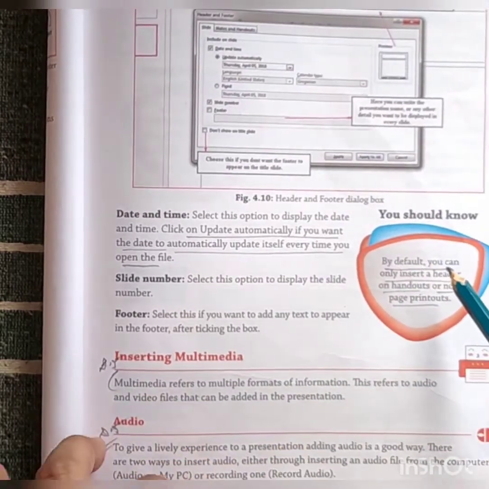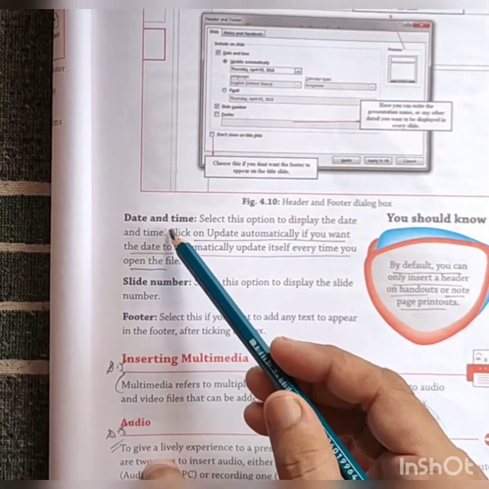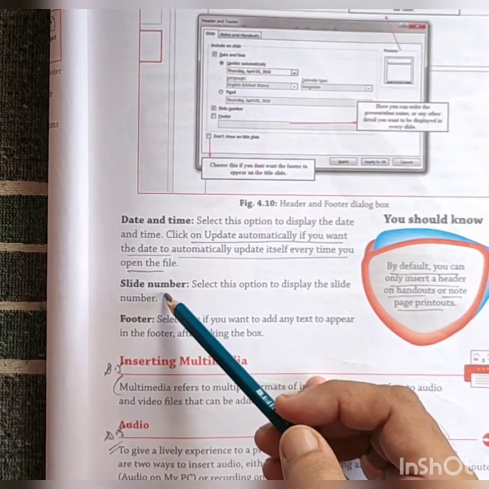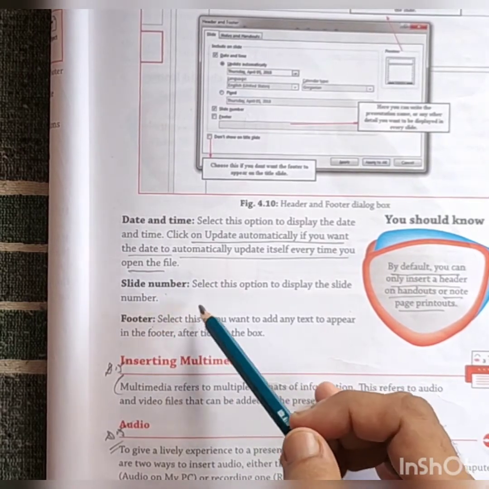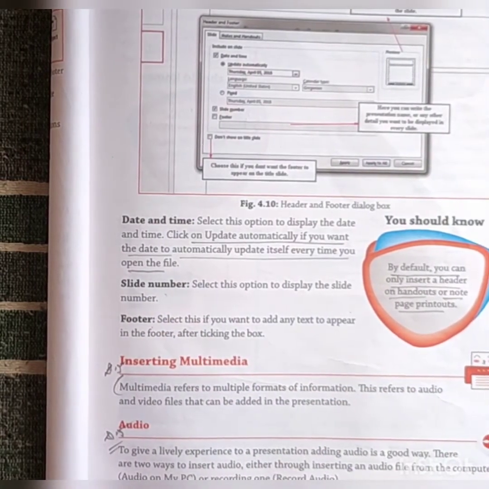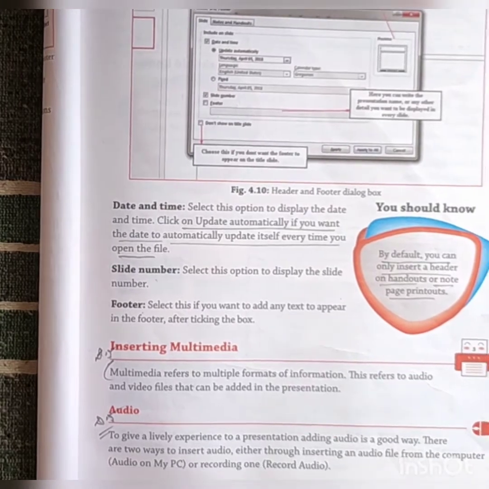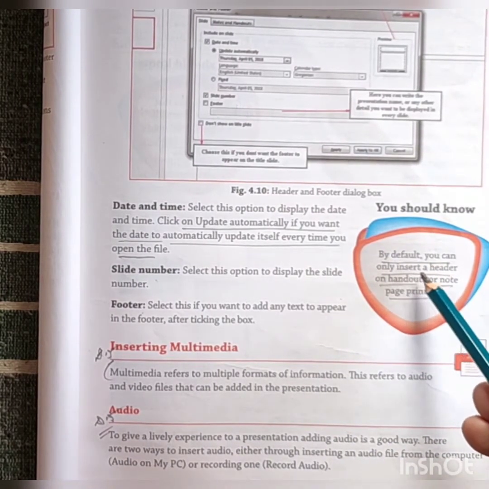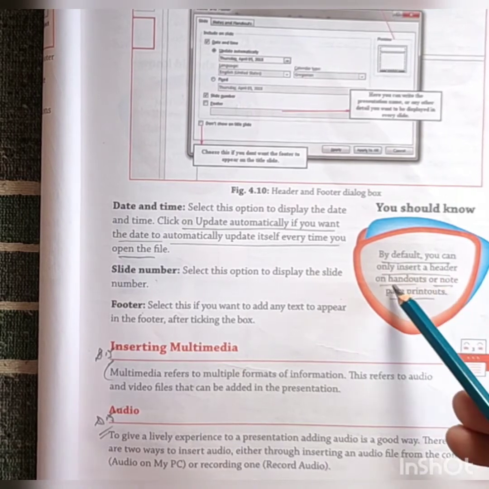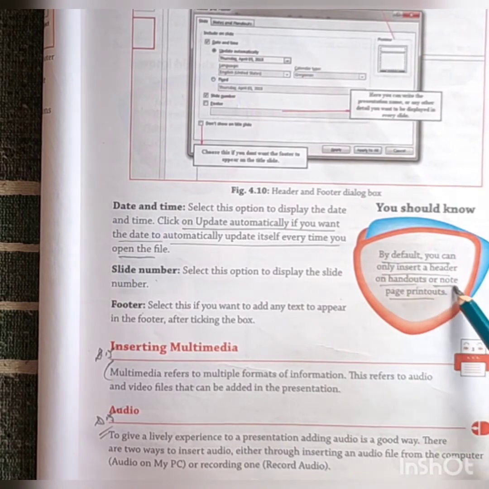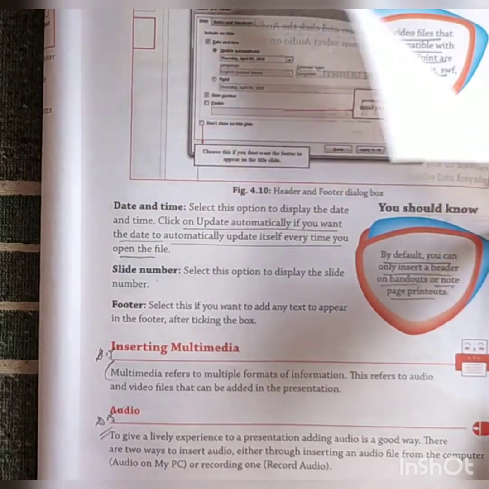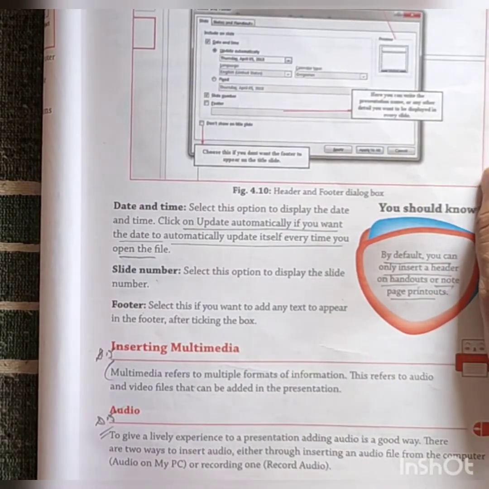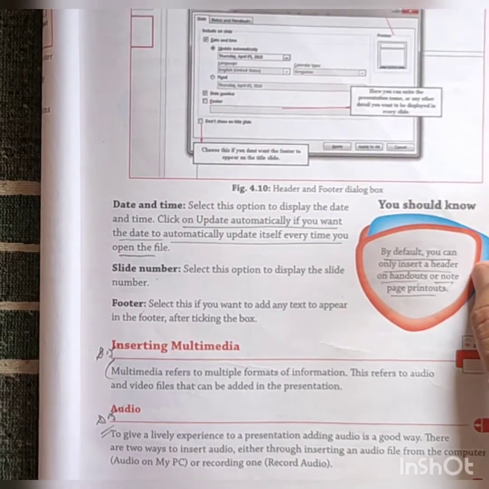You can insert the date and time, slide number, footer. Slide number means first slide, second slide, third slide, fourth slide. By default, you can also insert a header on handouts or notes page printouts.